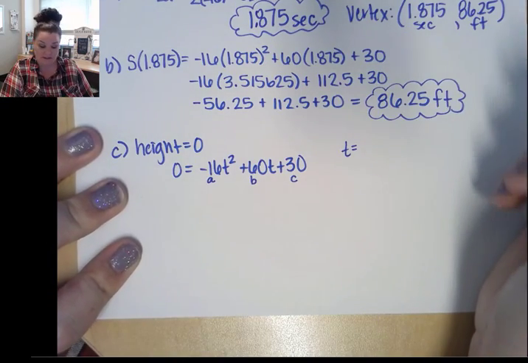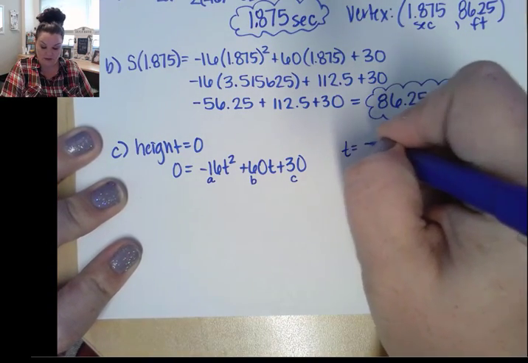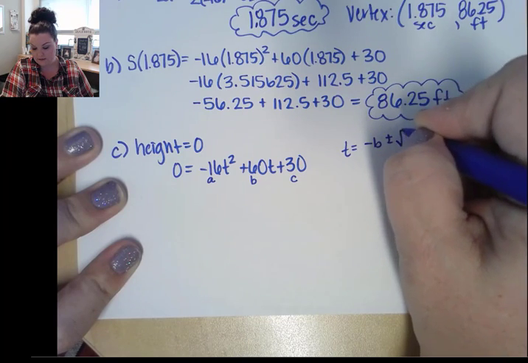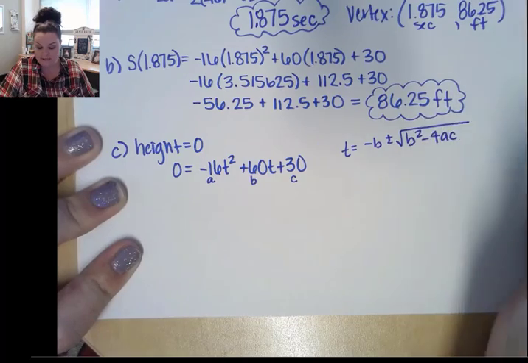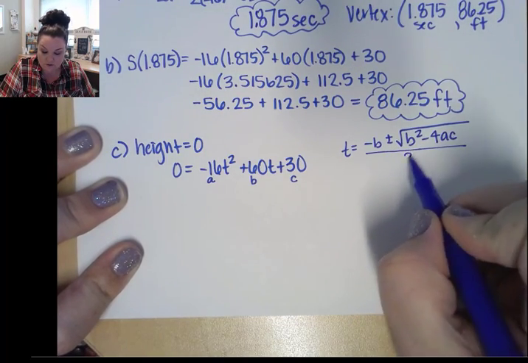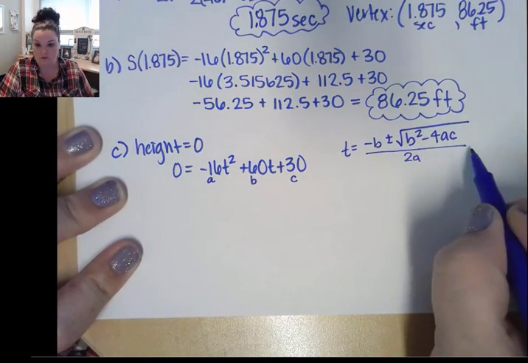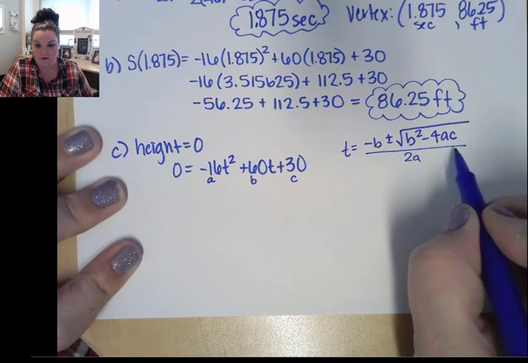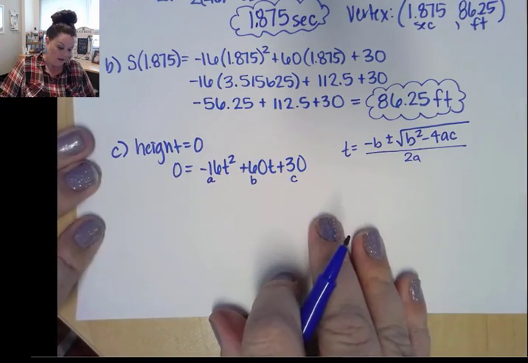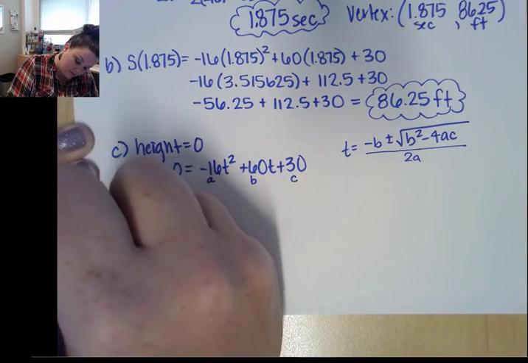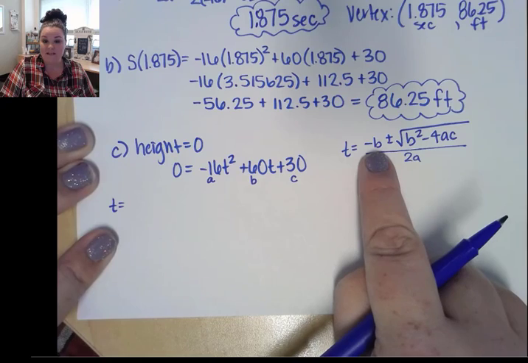The quadratic formula says that t is going to be equal to negative b plus or minus the square root of b squared minus 4ac, all over 2a. Remember, it's all over 2a, not just the radical. The whole thing is a fraction over 2a. Okay? All right, so let's go ahead and plug in our values. So t is equal to the opposite of b.